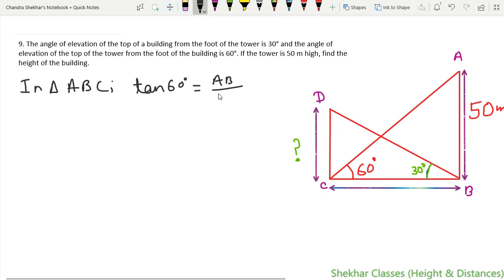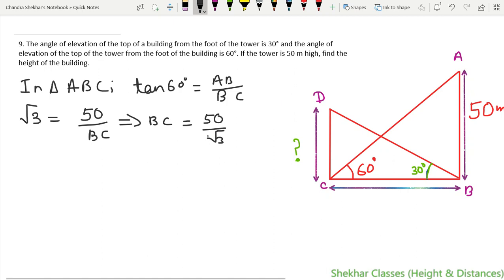Now tan 60 is root 3, AB is given as 50 here, and BC is to be calculated. So we can say that BC is equal to 50 upon root 3.